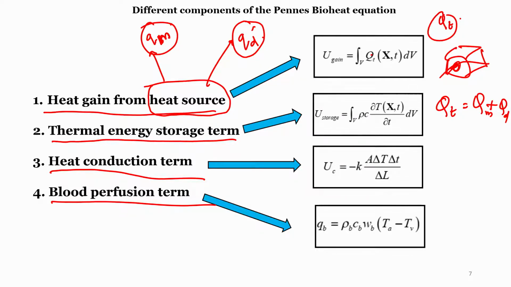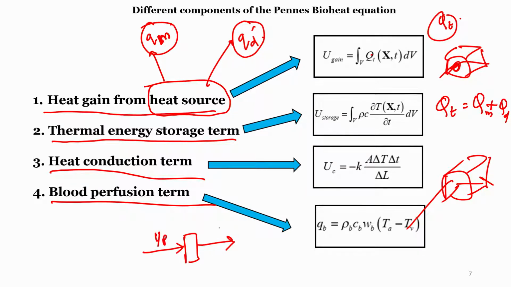Now, what is the thermal energy storage term? What does that mean? I told you that there are some aspects that are trying to heat the tissue and some aspects that are trying to take away heat from the tissue. If you take a tissue like this in 2D, I am supplying heat and I am also taking out heat. This is input, this is output. Input is the ways by which we heat the tissue, output is the ways by which we take out heat from the tissue.